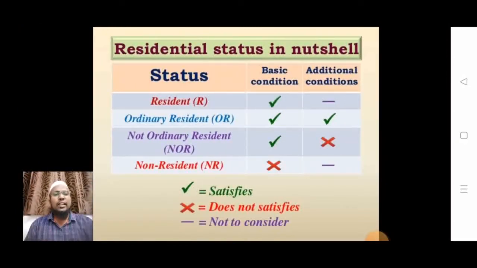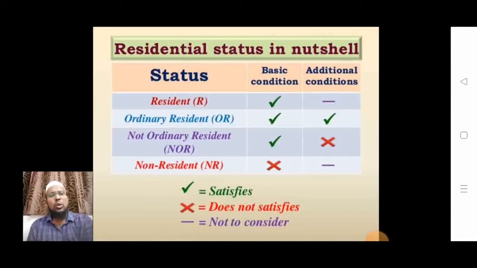The residential status in a nutshell. There are three columns we have to prepare here: status, the second one is basic condition, and the third one is additional condition. If he is resident, he only satisfies the basic condition. He couldn't satisfy the additional conditions. If he is ordinary resident, he will satisfy both the additional conditions as well as the basic conditions.